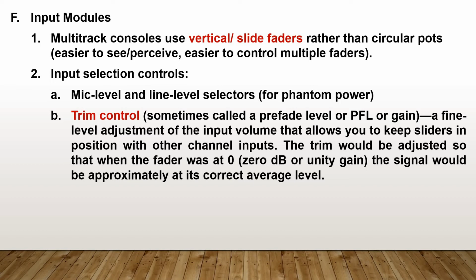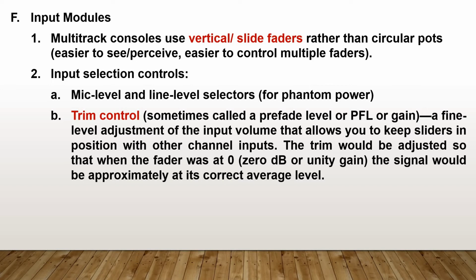This is a fine level adjustment of the input volume that allows you to keep sliders in position with other channel inputs. And the reason that this is a nice tool is that you can set the gain or the trim control in such a way that when you take your fader for a particular element and slide it up to 0, the signal should be right about at the correct level for that particular element.